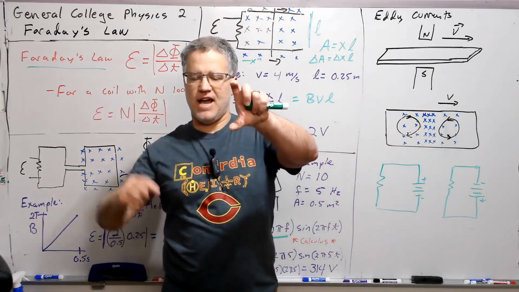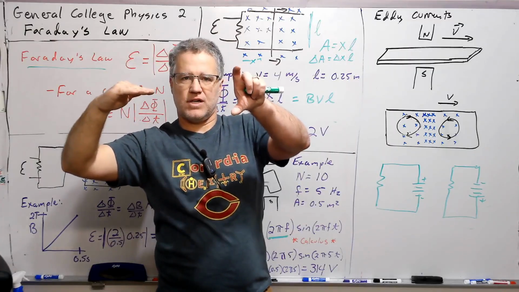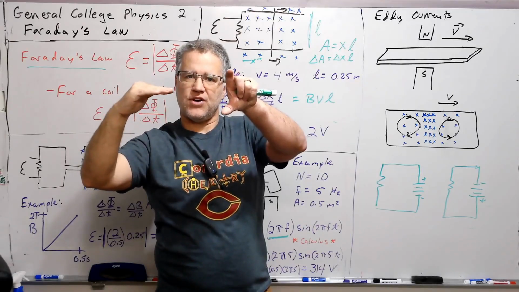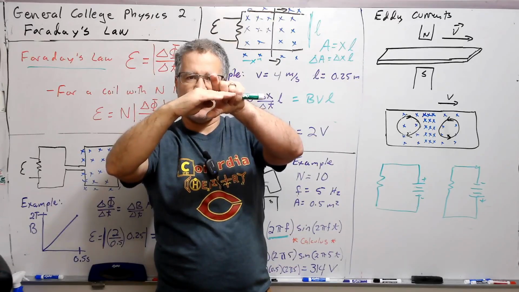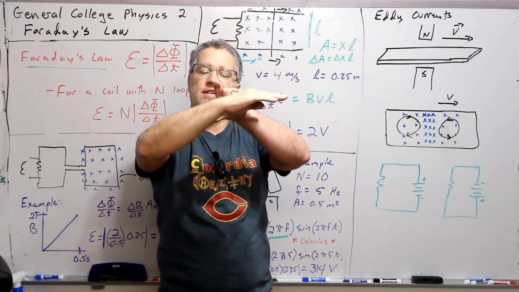So let's imagine now we're a little ant sitting on this metal, and we're coming along. Now, as we are coming along in this direction, we are starting to feel an increase in field lines. Right? And then it's strongest here. And then when we come out the backside, we're feeling a decrease in field lines.